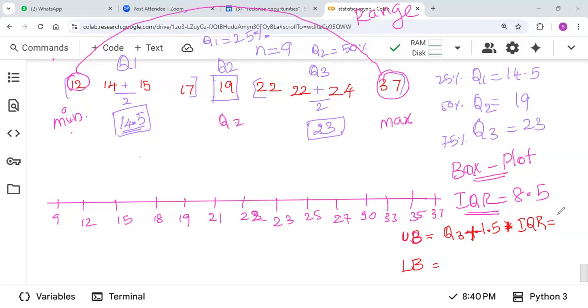Did you calculate it properly? So Q3 is actually 23, right? 1.5 into, what is the IQR value? 8.5. You need to multiply and then add it. So what is the value? 35.75. Exactly, 35.75.